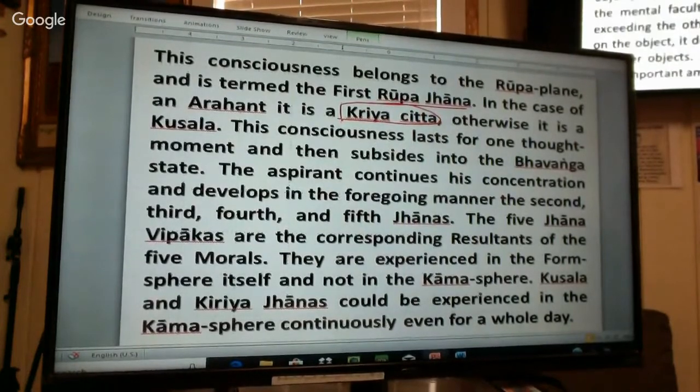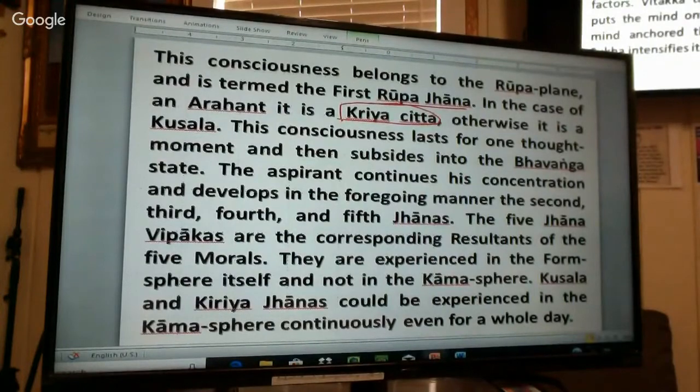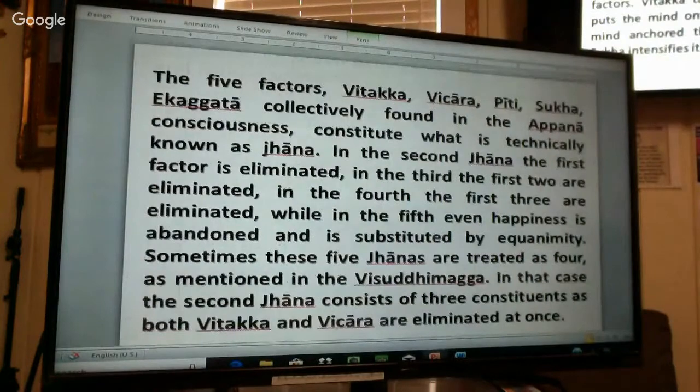Okay. So the other thing I will explain is why only these 5 mental factors are called jhana factors. This is important to understand. We have the 5 jhana factors: Vitakka, Vicara, Piti, Sukha, Ekaggata, only 5.